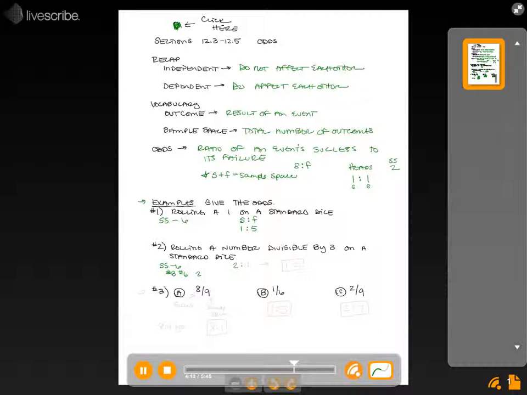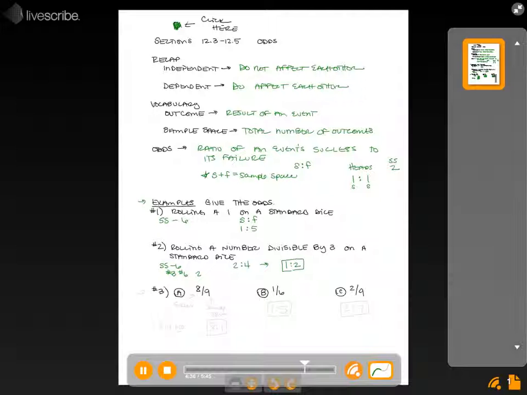If 2 of the 6 are success, 6 minus 2 is 4. So I'd write it 2 to 4, and that can be simplified to 1 to 2. So it ends up being 1 out of every 2, or 1 success for every 2 failures.